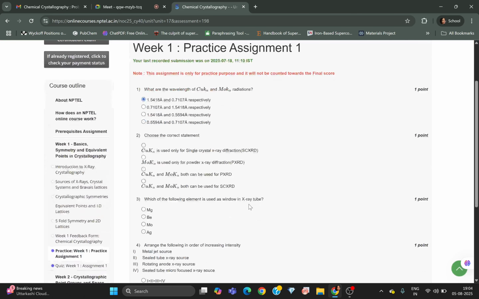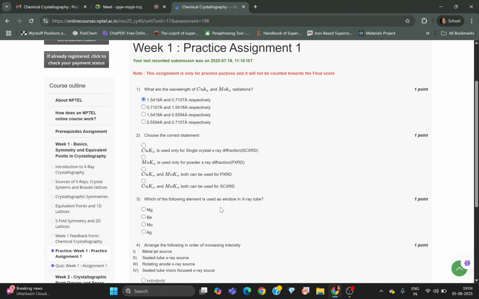The next question is, choose the correct statement. Copper K alpha is used only for single crystal X-ray diffraction, and there are four multiple choices. For copper K alpha, the wavelength is 1.5418 Angstrom, whereas for molybdenum it is 0.71, so molybdenum has a smaller wavelength. Energy is inversely proportional to wavelength, so it has a stronger energy.